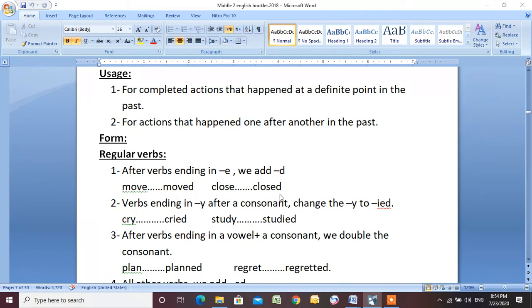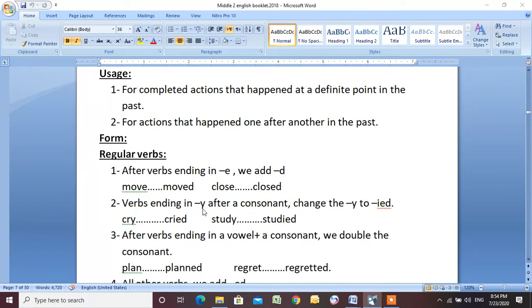Close, closed. What about the verbs like, for example, verb play? Play doesn't end with E. So that's why I add ed. So play, played ends with ed.